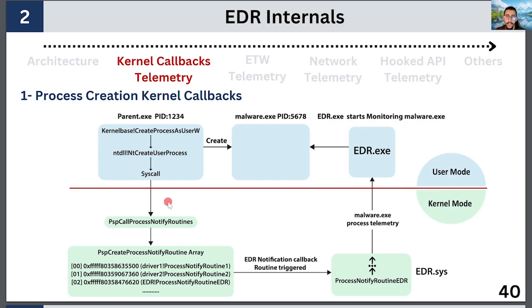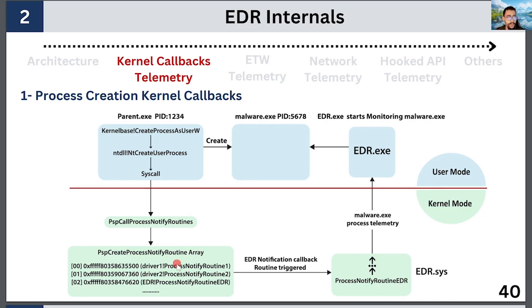Once in kernel mode, the syscall is handled by the Windows Process Manager, which allocates the EPROCESS structure for the new process malware.exe and creates the KPROCESS structure to manage its kernel state. It then calls an internal kernel function called PspCallProcessNotifyRoutines. This function iterates through the registered process creation callbacks stored in the PspCreateProcessNotifyRoutine array.